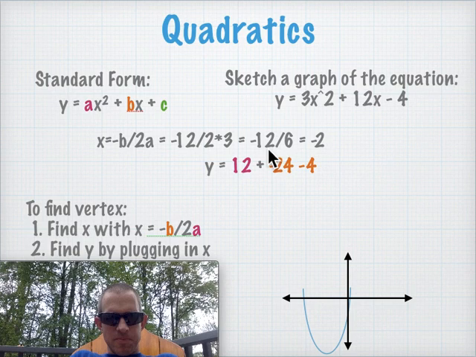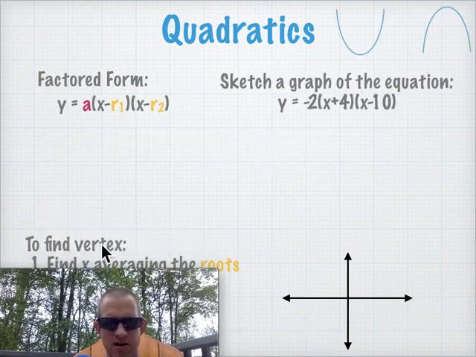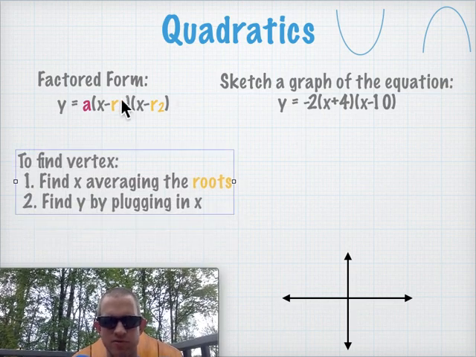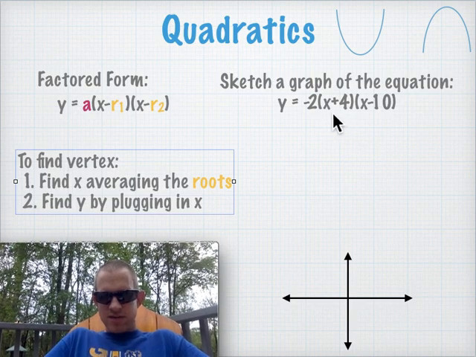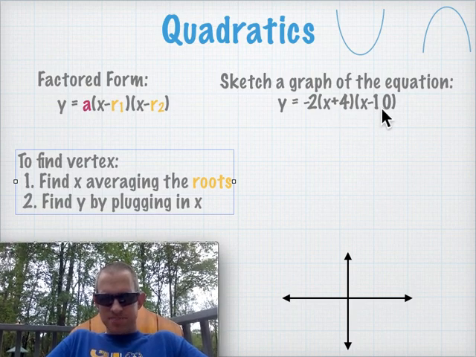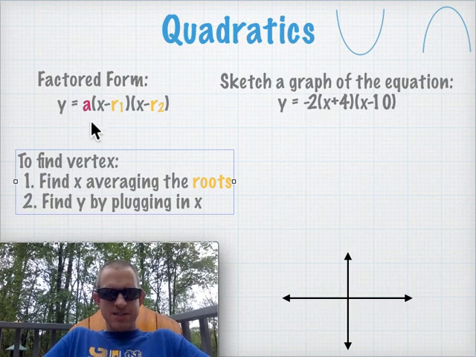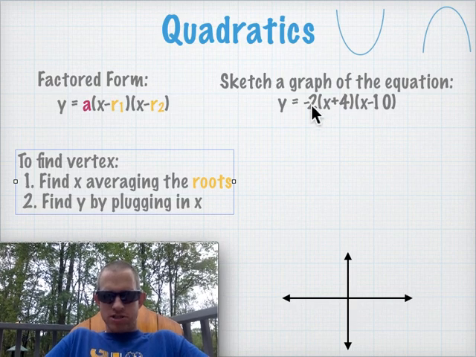So one last example, and that is how do I do a similar sort of thing when it's in factored form? So this says negative 2 times x plus 4 times x minus 10. This number in front that's not attached to an x or anything, that's an a, and in this case it's a sad polynomial because it's negative 2.